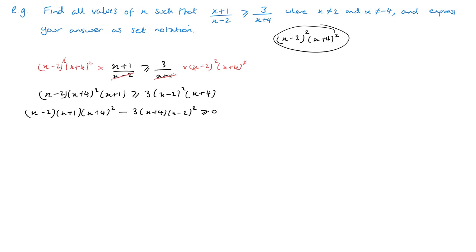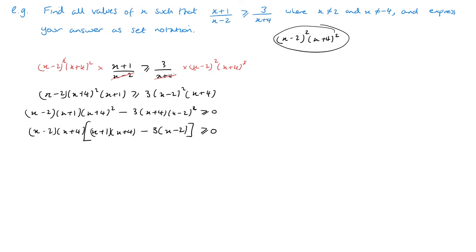Now factorize it out. I can factorize out an x minus 2 and an x plus 4. And then that leaves me with x plus 1, x plus 4, minus, and then I've taken out an x plus 4 and an x minus 2, so that leaves me with 3 and an x minus 2. And that is what's left now inside the big brackets.